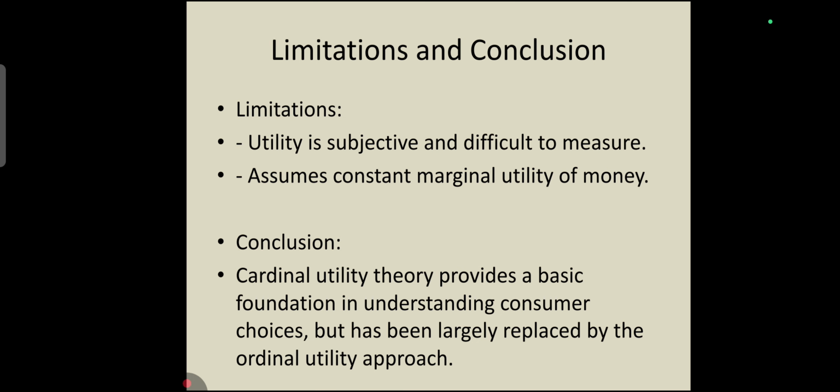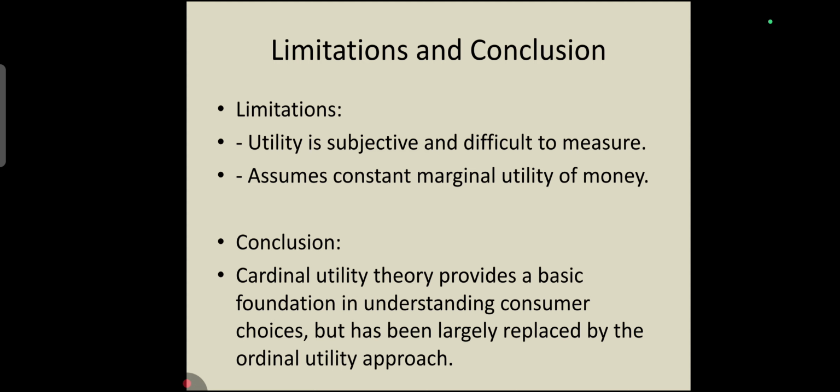Talking about the limitations and conclusions of the cardinal approach, the limitations say that utility is subjective and difficult to measure. And the second limitation is that it assumes constant marginal utility of money. So the first limitation says that utility is subjective and difficult to measure. This is one constraint, because many times you just cannot quantify what you're consuming.